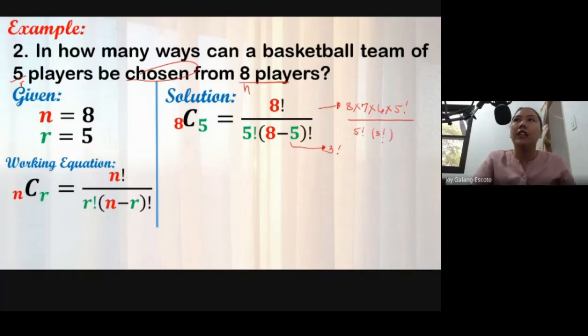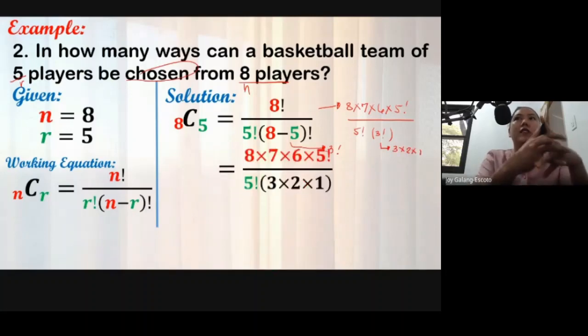Okay? And then you have to evaluate 3 factorial. That is 3 times 2 times 1. So you have 8 times 7 times 6 times 5 factorial over 5 factorial times 3 times 2 times 1. Then after that, you have to simplify the expression by canceling out the same number or same expression. Say 5 factorial divided by 5 factorial is 1, so cancel out.